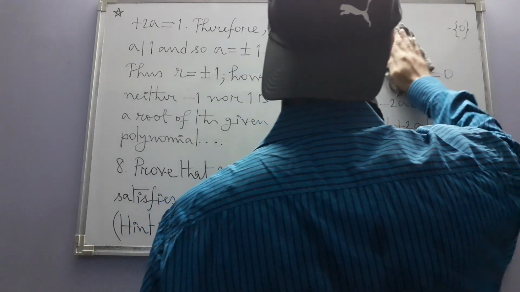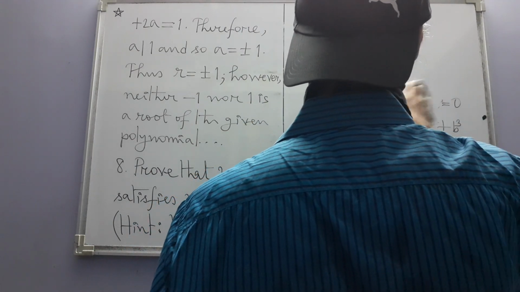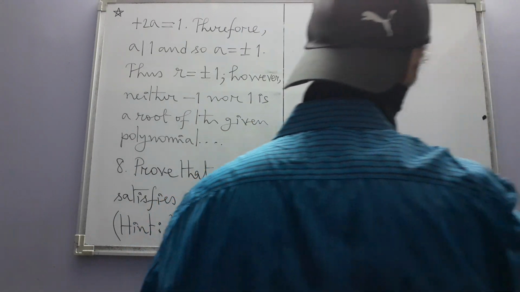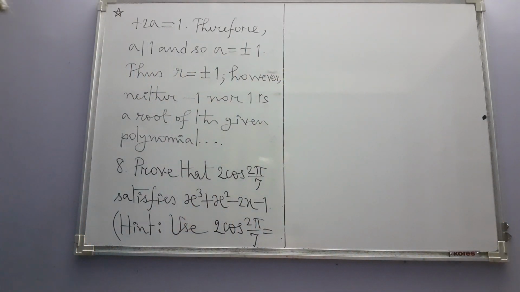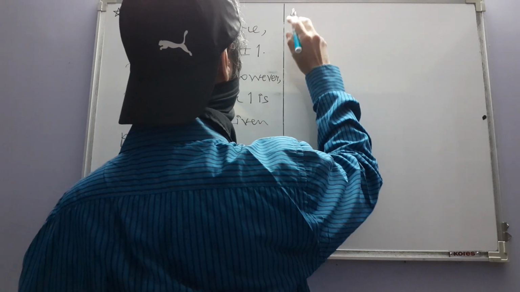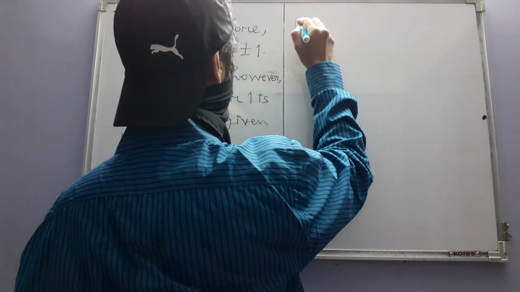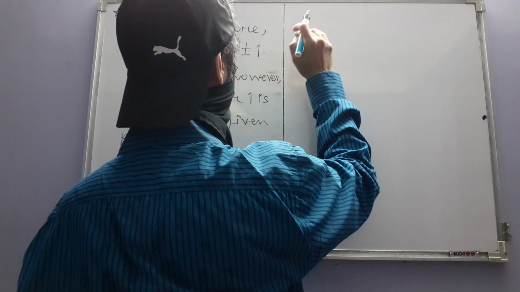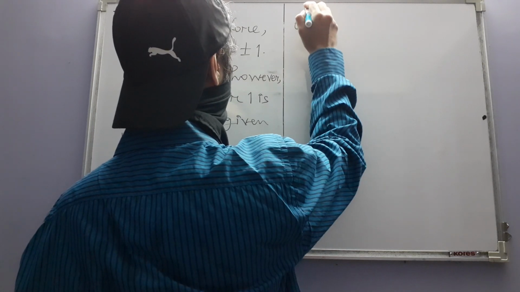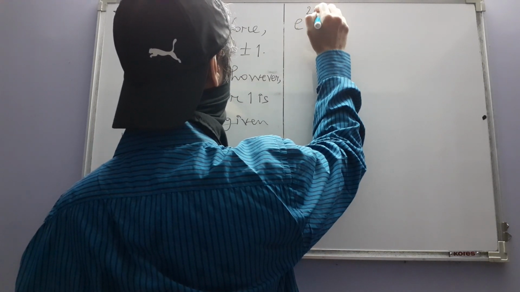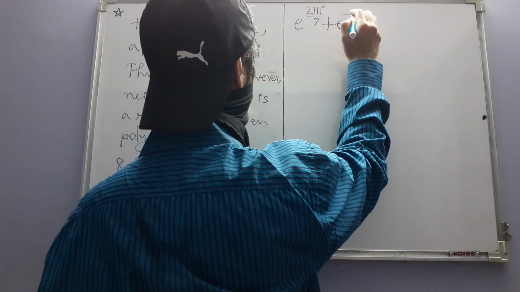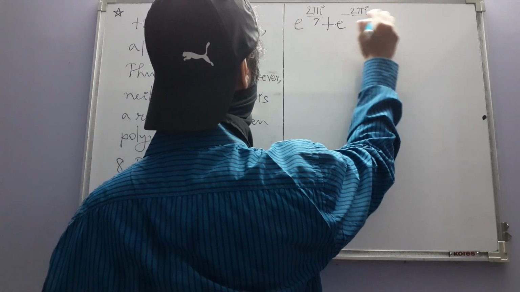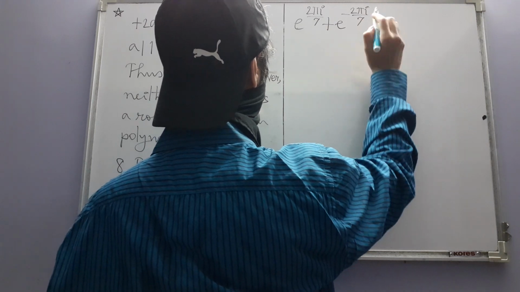We know an expression for the cosine of a real number in terms of complex exponential function, right? And that thing is e to the power 2 pi I over 7 plus e to the power minus 2 pi I over 7.